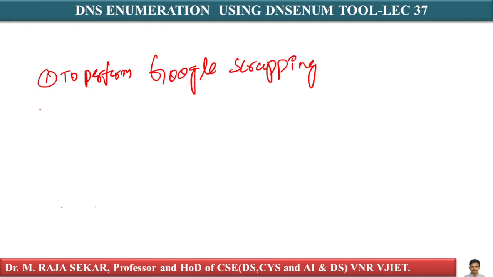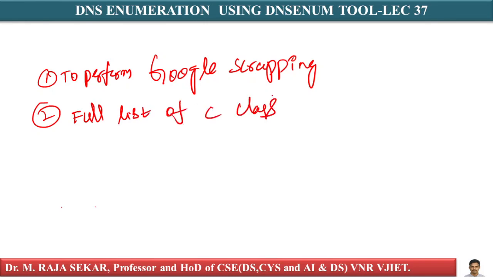I already discussed Google Docs in my previous lectures. It is useful to get a full list of C class domain network ranges. Anyway, we will try to understand what the C class network range is.